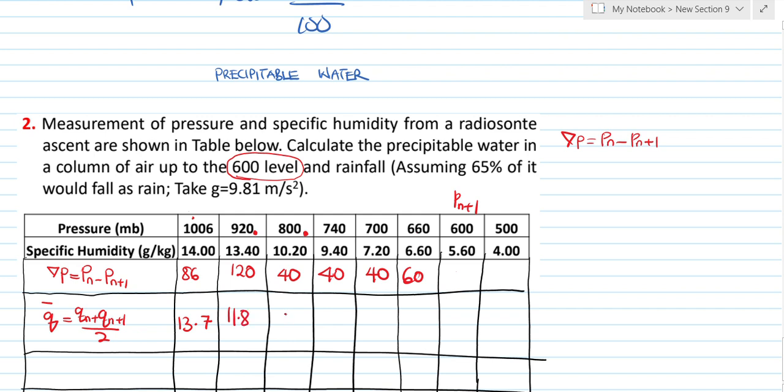The next one, 10.20 plus 9.40 divided by 2, is 9.8. The next one, 9.40 plus 7.20 divided by 2, is 8.3. The next one, 7.20 plus 6.60 divided by 2, is 6.9.